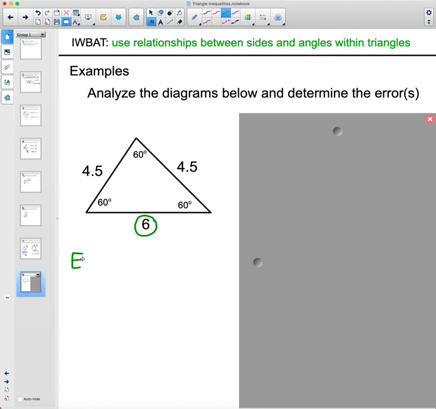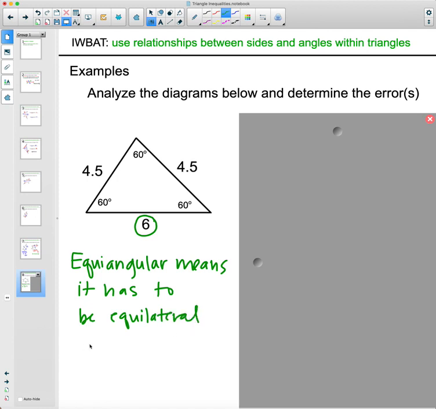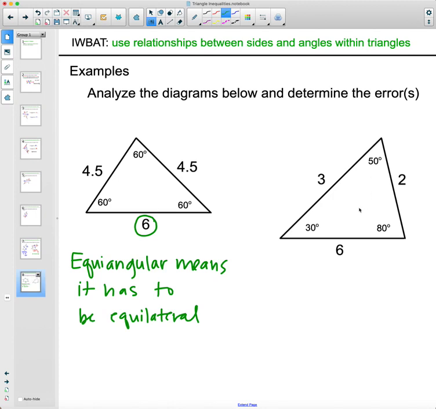Equiangular means it has to be equilateral, and it's not. And then 60, 60, 60 does total 180, so the interior sum is good there.